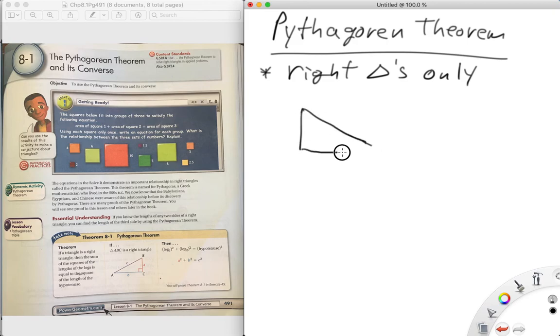We're going to do some definitions first. If we have a right triangle, that means that we have a triangle with a 90-degree angle. The side opposite of the 90-degree angle, we call that the hypotenuse.